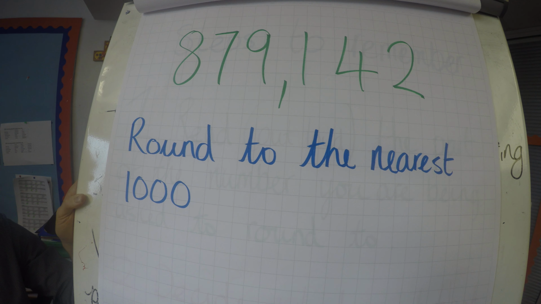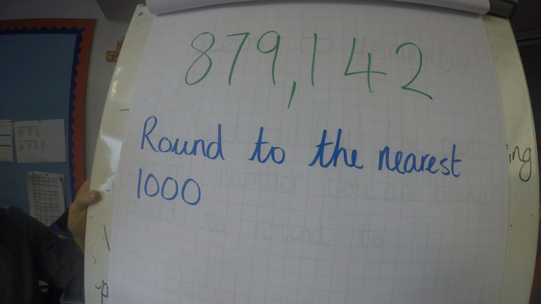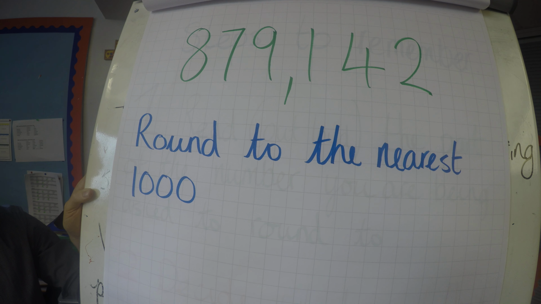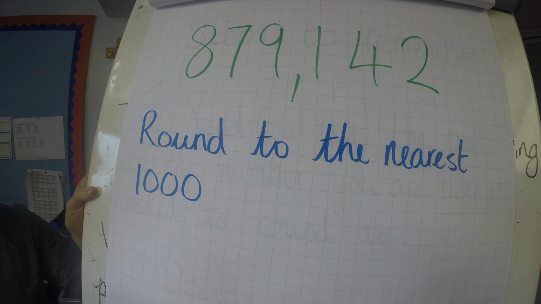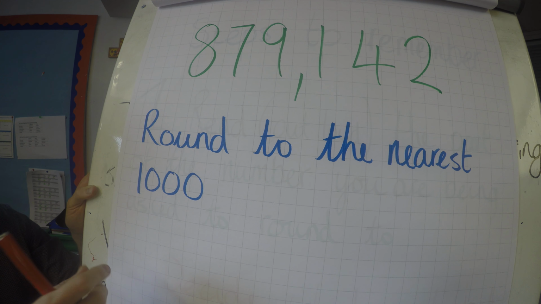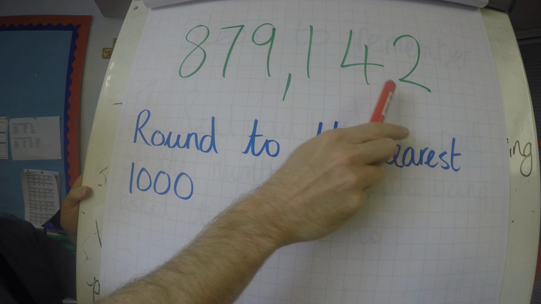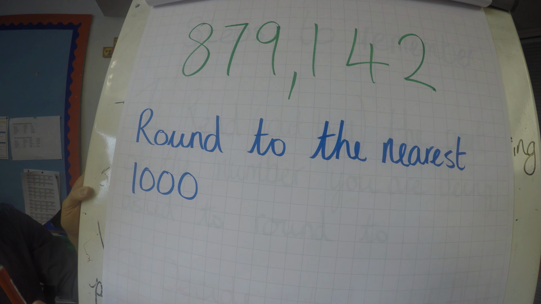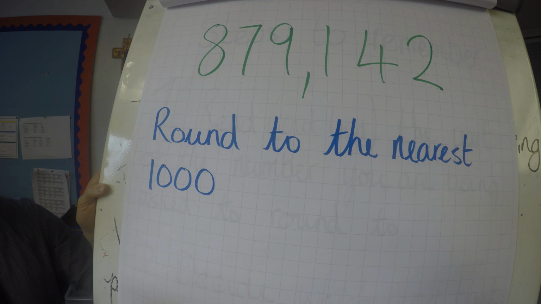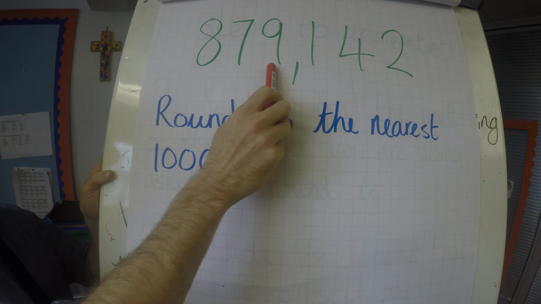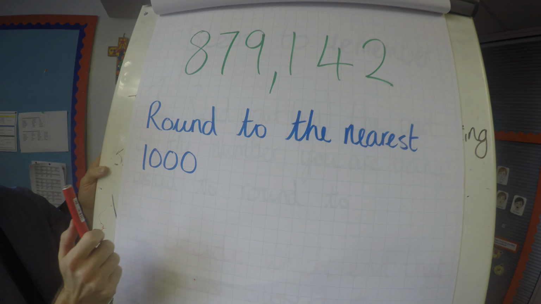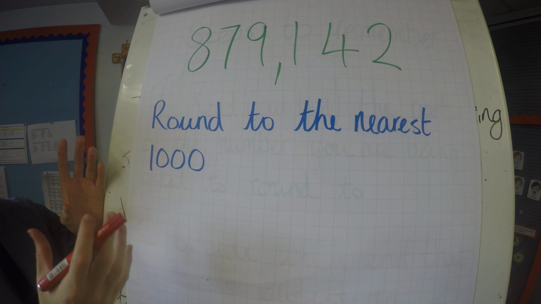I think of my next 1000 up, which is 10,000, and my 1000 that's just below that, which is 9,000. I know that 9142 is closer to 9,000 than it is to 10,000. So I'm going to round this number to 9,000 for the nearest 1,000.